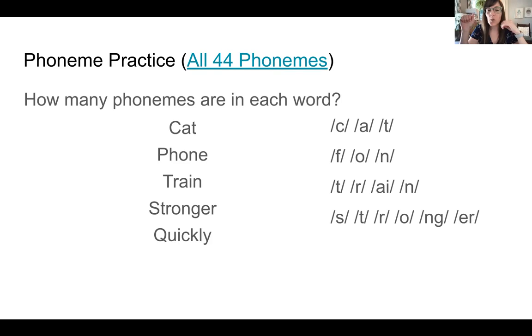And then quickly, queue, Q, U, E. You should have 5 on that one. If that was difficult for you, you should go back and practice. Watch that video, listen to those phonemes again, and do some practice words for yourself. Find some really tricky words or look around you and see what words you see and try to count out those phonemes. We'll do a little bit more work with this in class this week.